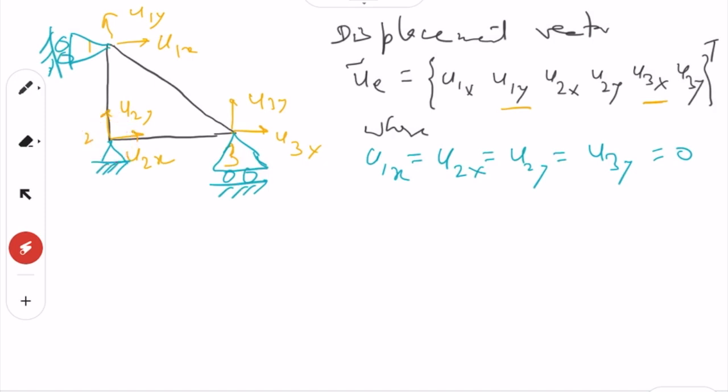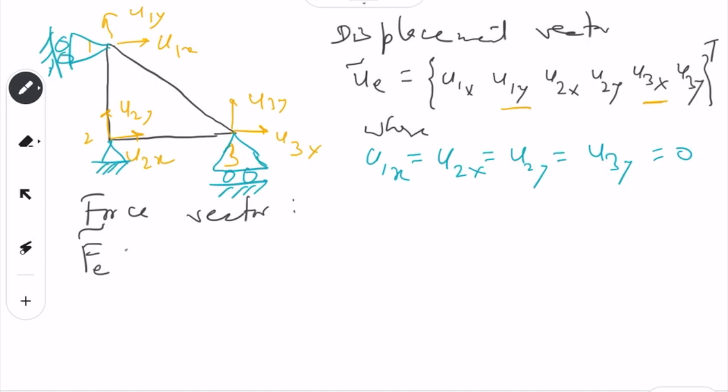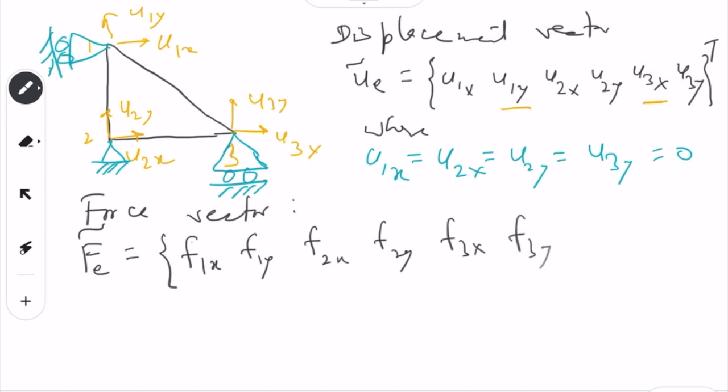So, we write the force vector Fe tilde is equal to F1x, F1y, F2x, F2y, F3x, F3y, where these are the reactions.